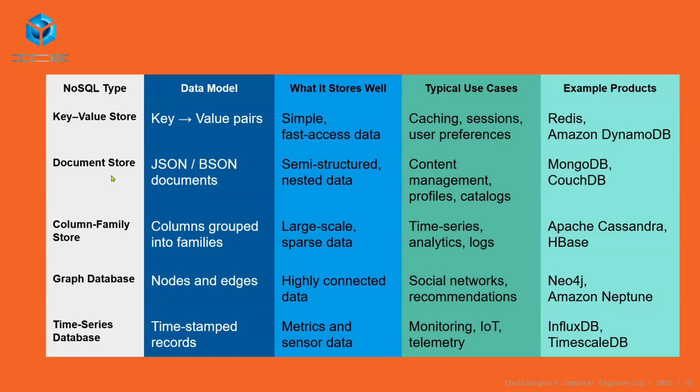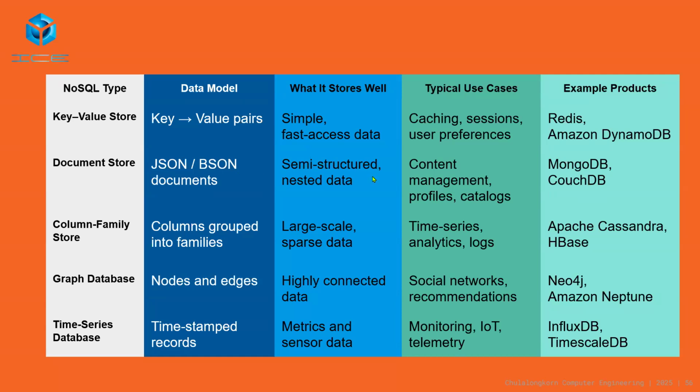For the document store, which is the model of MongoDB or CouchDB, you probably have heard of them, of course, because it is the document type. So the way that it keeps the information, it treats the data as documents. Each document would be in a format like JSON or BSON.